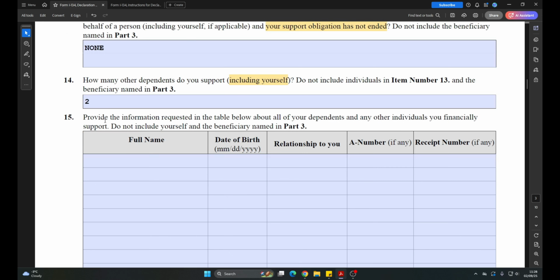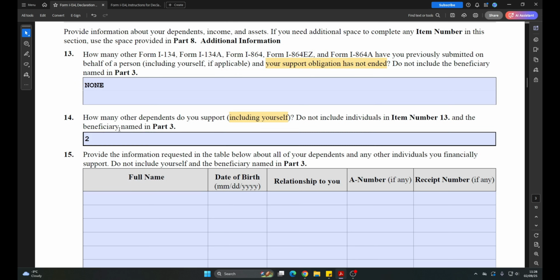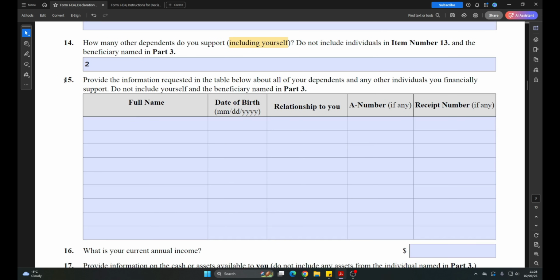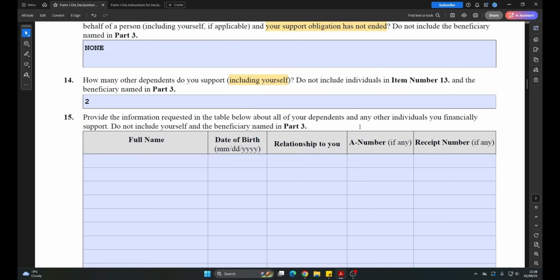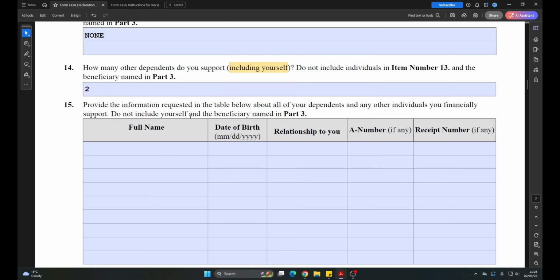So now we need to elaborate on these two questions, 13 and 14, in question 15. So here we will need to provide the information on all the people that you financially support, and any other dependents. And keep in mind that this is not only asking for people who are dependents on your tax returns.